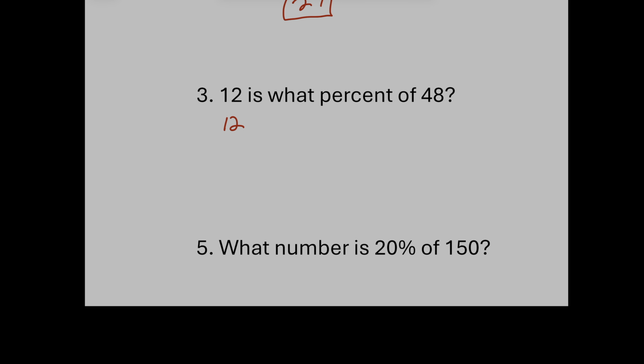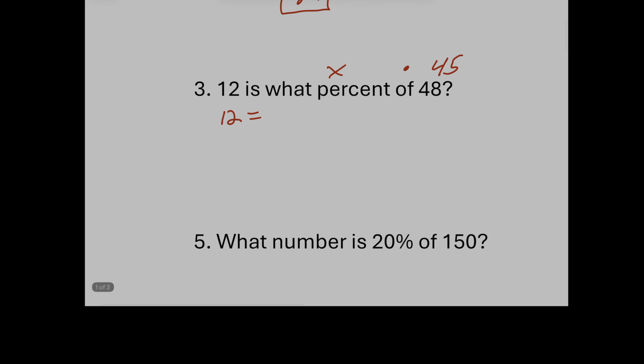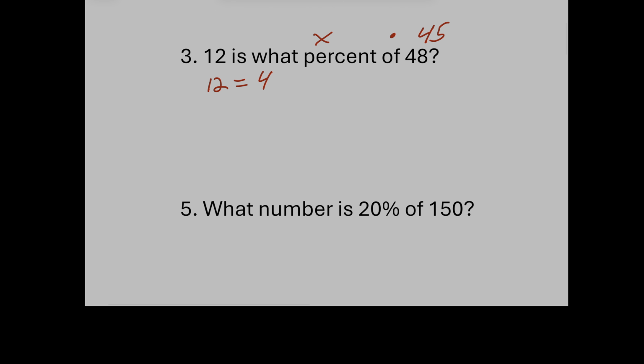12 is, that means equal. What percent means X, of means times, 48 means 48. What's another way to write X times 45? 45X. Okay? Now I'm going to divide each side by 45.